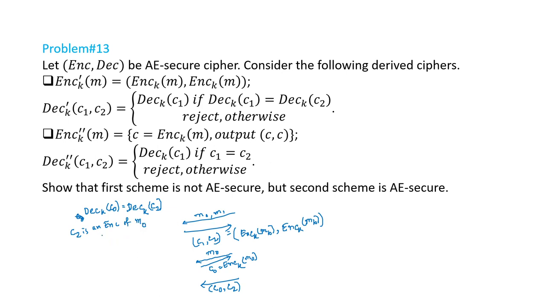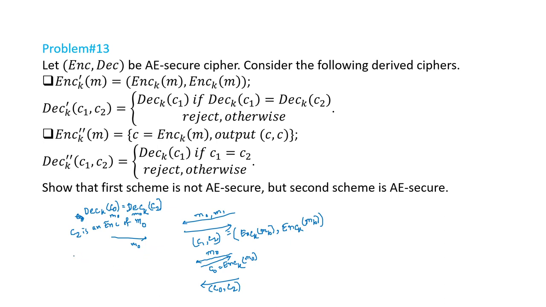If that is the case, then decryption of C0 with respect to key K and decryption of C2 with respect to key K, they both will match because both of them will return M0, and then M0 will be returned by the challenger as a response to the decryption oracle query, and with probability 1 the adversary wins.